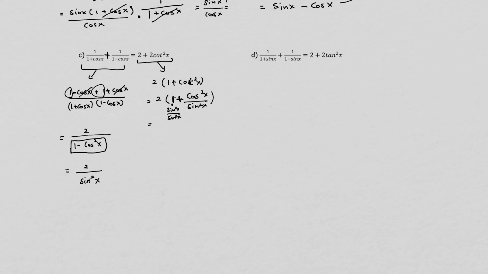So then you can add it because you have the same denominator. It means your numerator will be sine square x plus cosine square x over sine square x. This numerator right here is the Pythagorean identity, which means it equals 1 over sine square x.